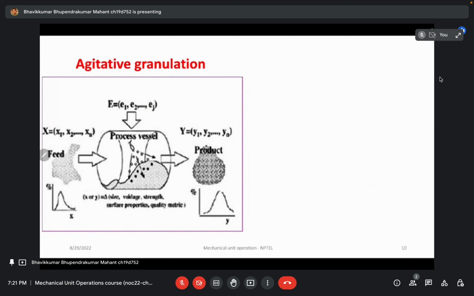Now if we talk about granulation, and that too agitative granulation, here you can see this is a process vessel.